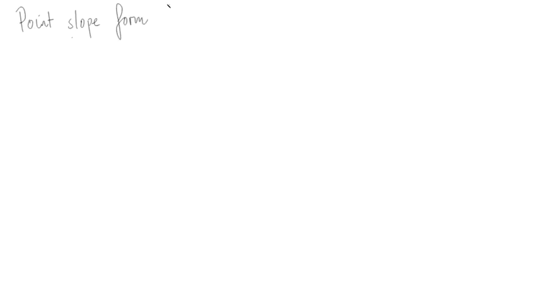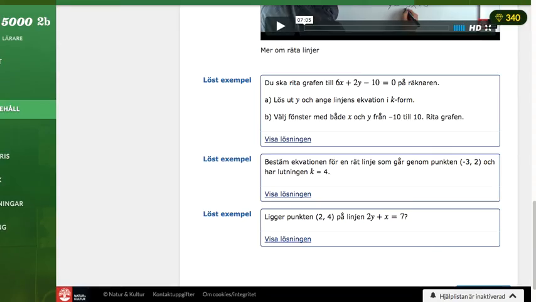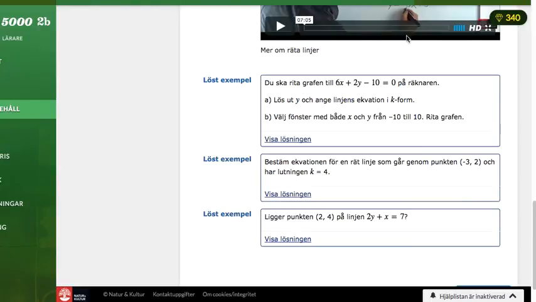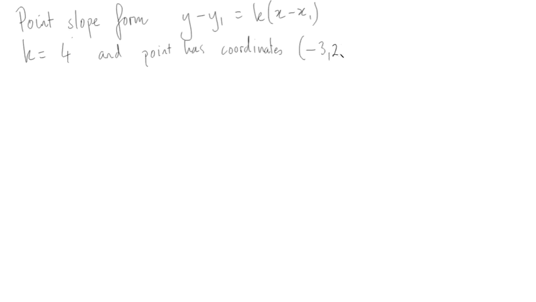The point slope form of the line, and you'll get this in your formula booklets, is y minus y1 equals k(x minus x1), and we were given that k equals 4, and the point has coordinates minus 3, 2. So I just have to plug minus 3 and 2 into the formula and k, and then I'll rearrange to get the equation of the straight line.